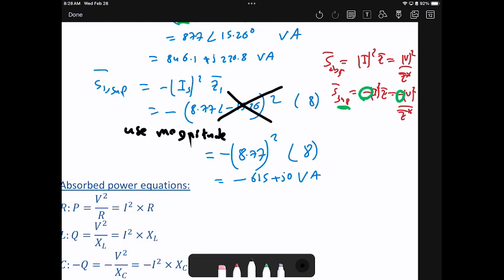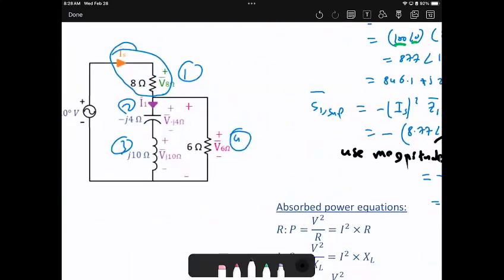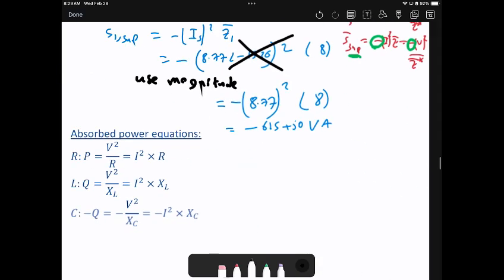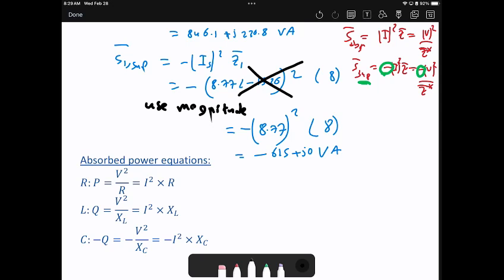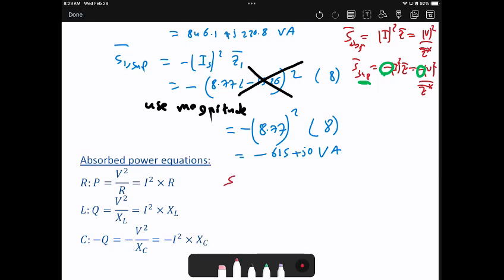Now, how about the other elements? Element number 2, let's see where it is. Here, it is negative j4, and the current flowing is I1. So it will be the magnitude of I1 squared times Z2 bar. So S element 2 supplying will be I1 squared times Z2 bar, and don't forget the negative sign because it is not supplying power.